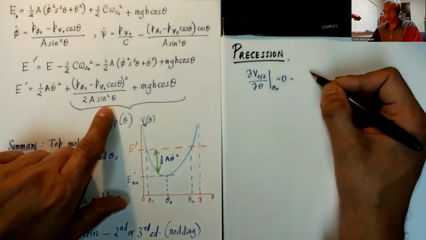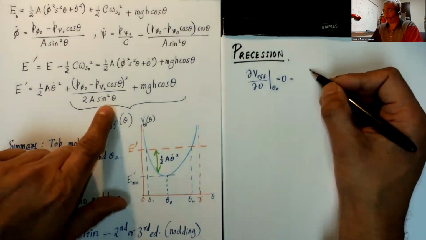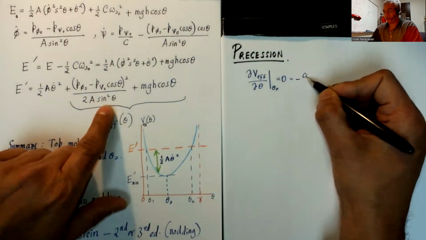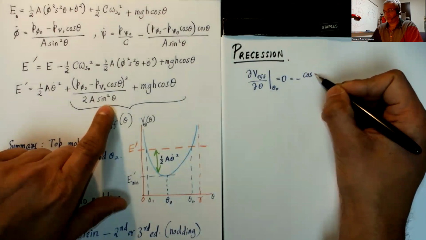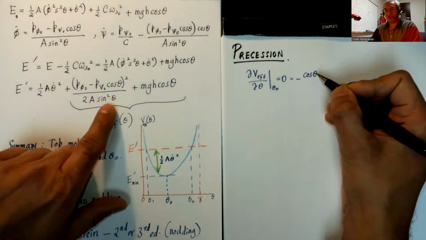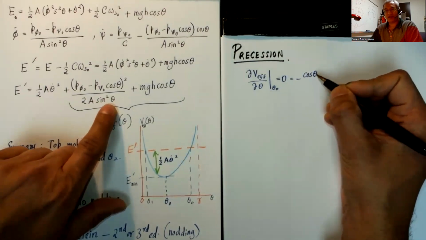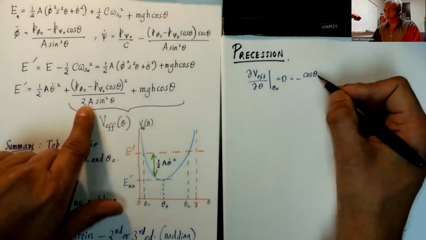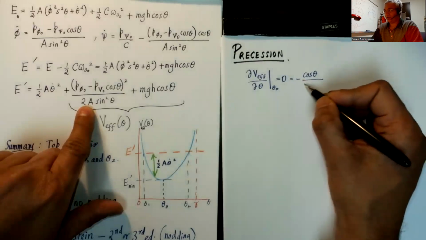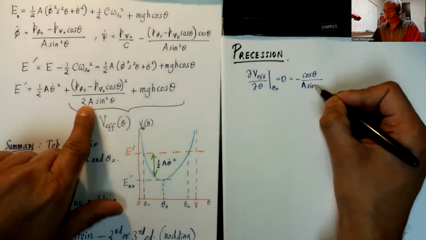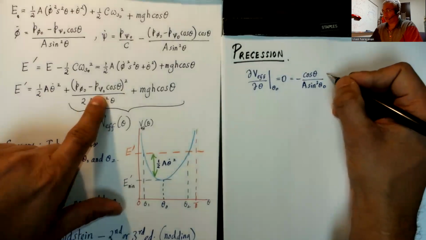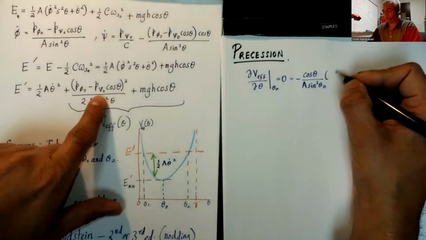I'm going to do these two terms separately. The derivative of sine theta here is going to be negative cosine theta because of the sine squared theta being the denominator. The 2 will cancel this half. And so I'll get a sine cubed theta naught. And then this will go along for the ride.